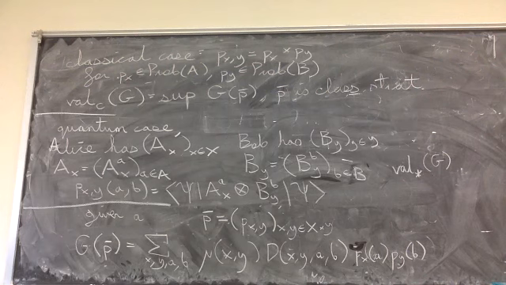Your task is to compute from the initial data of the game whether this value is less than or equal to 1/2 or equal to 1, promised that one of these is the case. And the result is that this is as hard as the halting problem.